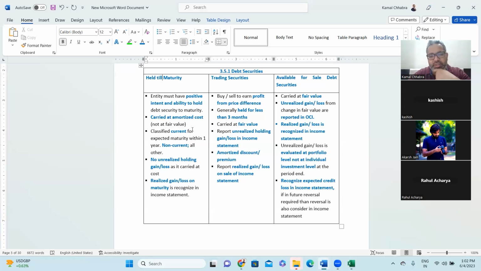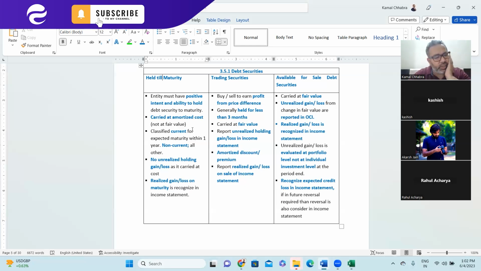The last one is that realized gain or loss on maturity is recognized in the income statement. For example, you purchase a 10% debenture for 5 years, and on maturity you will be getting a certain premium. So at the time of maturity, when you are actually realizing the amount, that gain or loss you can recognize in the income statement.